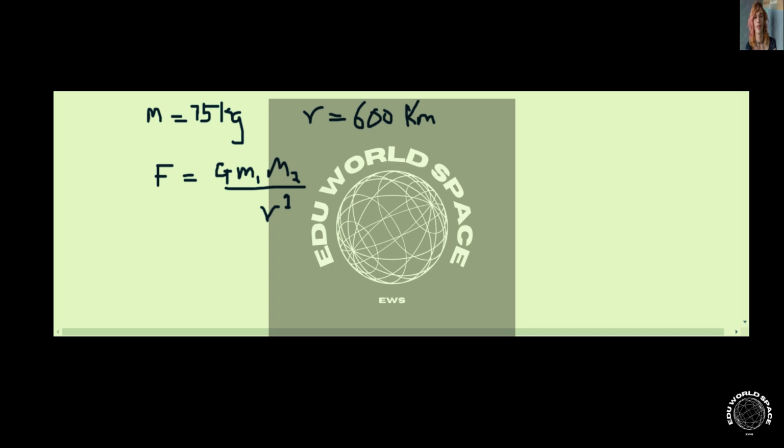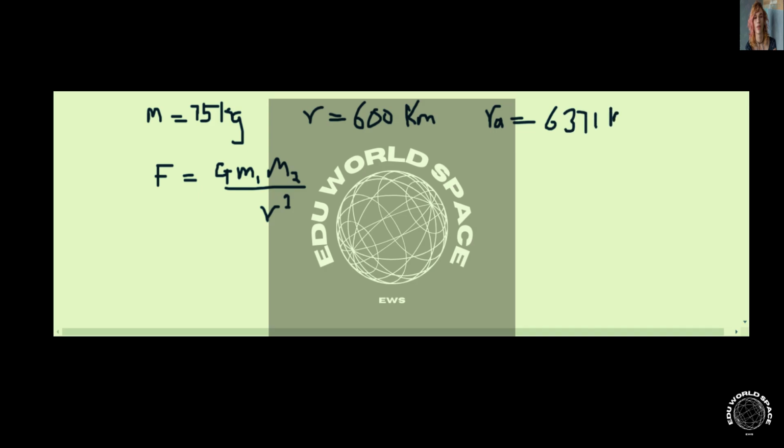Now, the Earth itself has a radius. The radius of the Earth, R subscript A, is usually given as 6,371 kilometers.